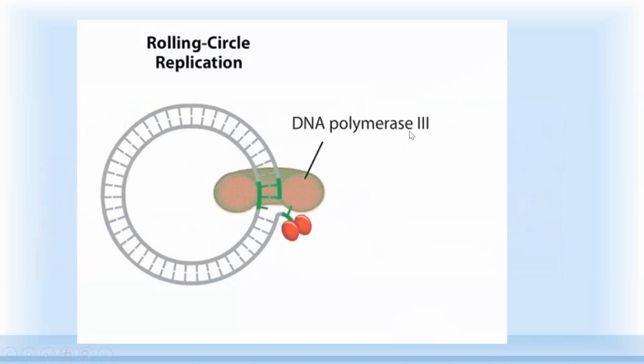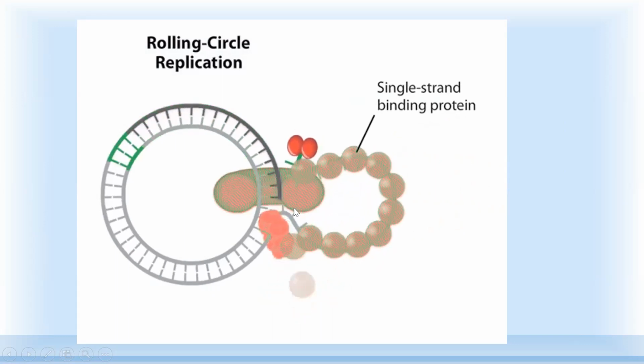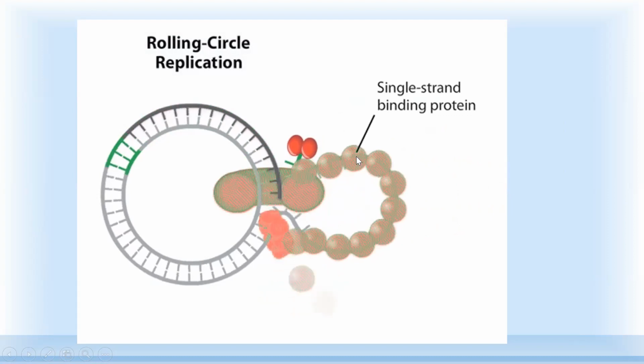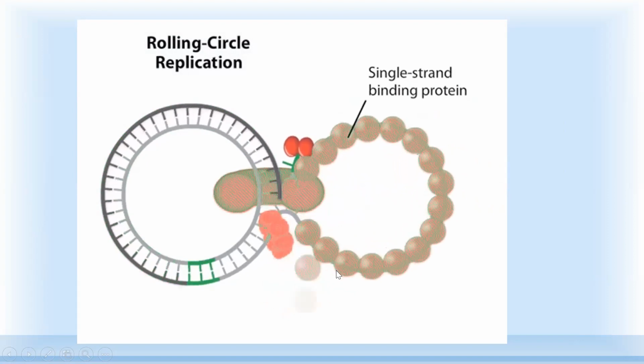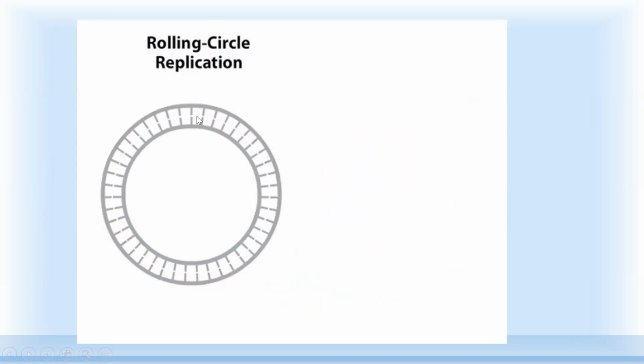Now, DNA polymerase 3 comes and binds to the ORI, and the Rep A, as I said earlier, recruits a gene-encoded helicase. The helicase functions by unwinding the DNA so that the replication procedure can be continued. The single-stranded binding protein is also present, and this continues the replication process. And in the end, we get one single-stranded DNA and a double-stranded DNA. This is the final result of rolling circle replication.